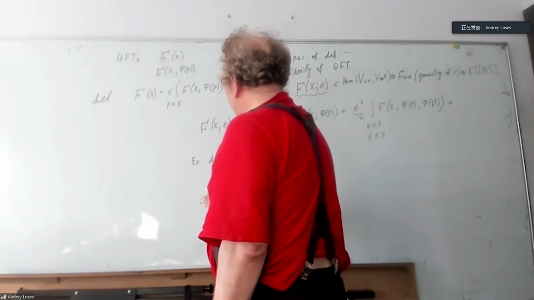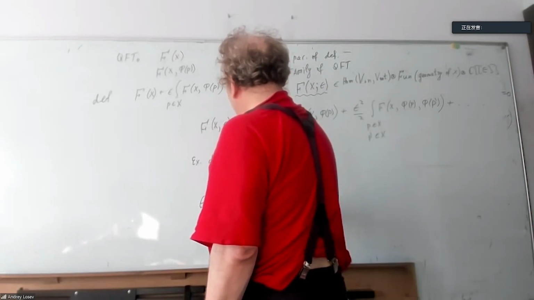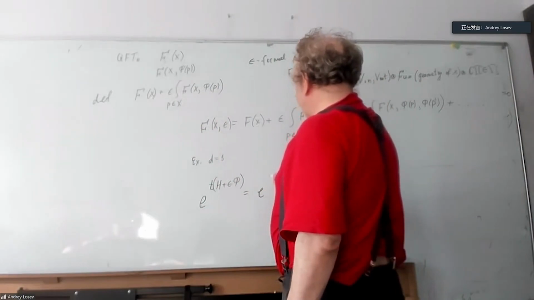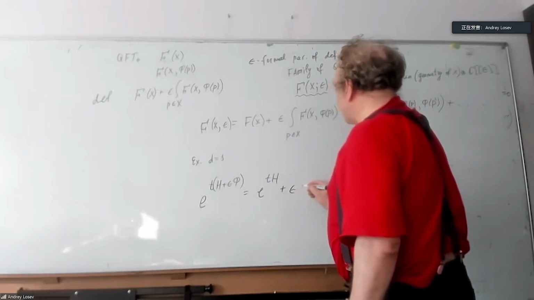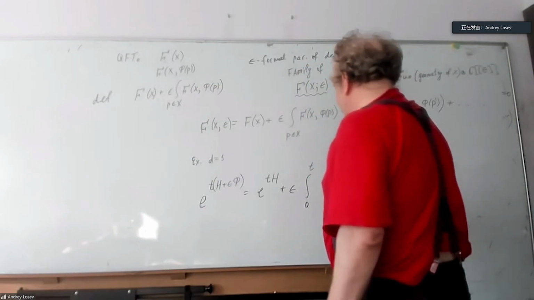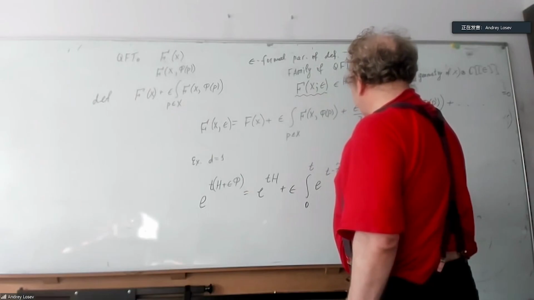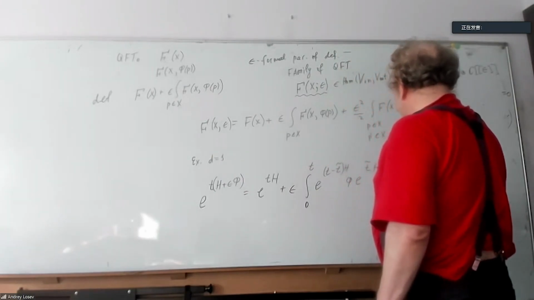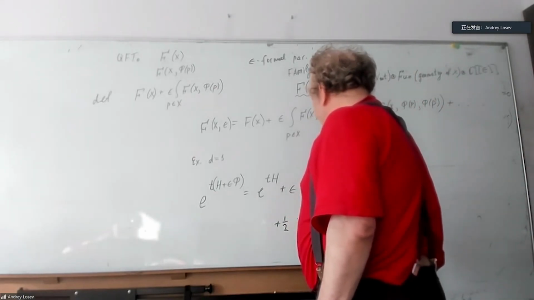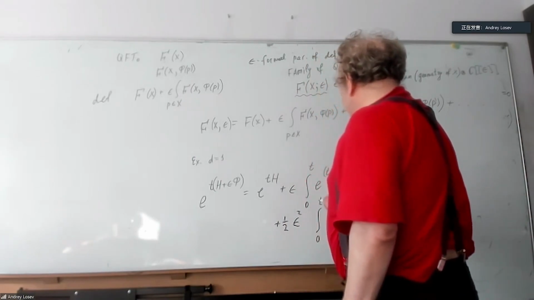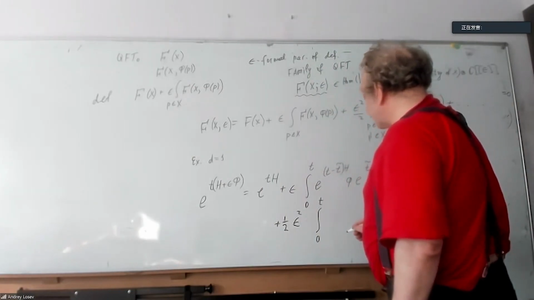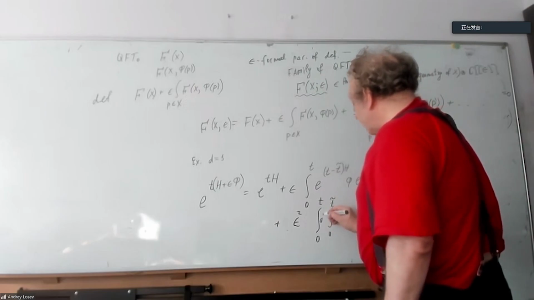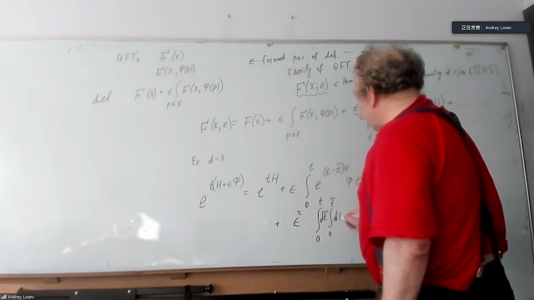For d equals 1, e to the t(h plus epsilon phi) is a deformation, equals e to the th plus epsilon integral from 0 to t of e to the (t minus t tilde) h phi e to the t tilde h, plus 1/2 epsilon squared integral from 0 to t, and then here will be no half, integral from 0 to t tilde, here integral over t tilde, here integral over t2 tilde.